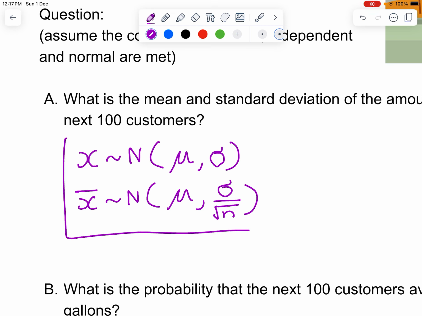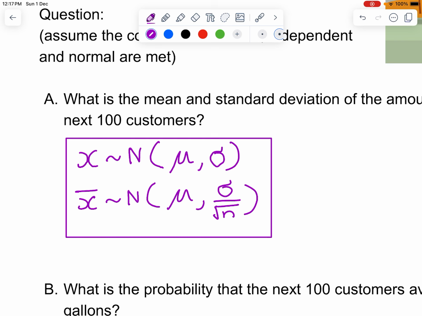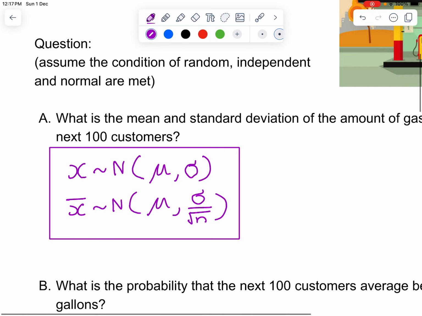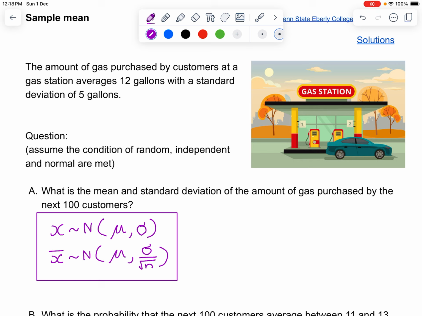So this is a formula that you want to know, but for those of you who are taking AP Stats, there's a formula sheet that they will provide you on the test, so you don't need to worry about memorizing this. You just want to make sure that you know how to make use of this. So now let's take a look at the question. The amount of gas purchased by customers at a gas station averages 12 gallons with a standard deviation of 5 gallons.